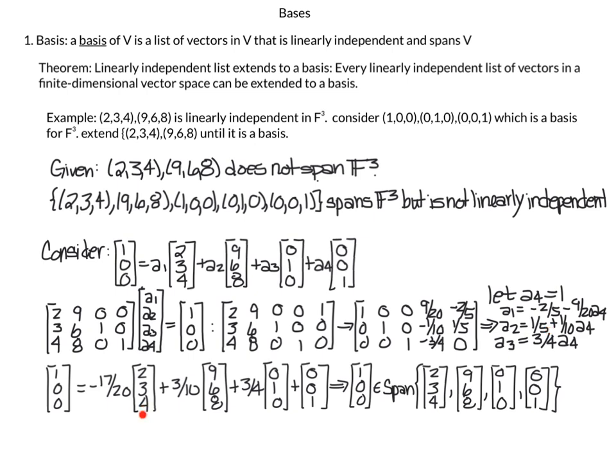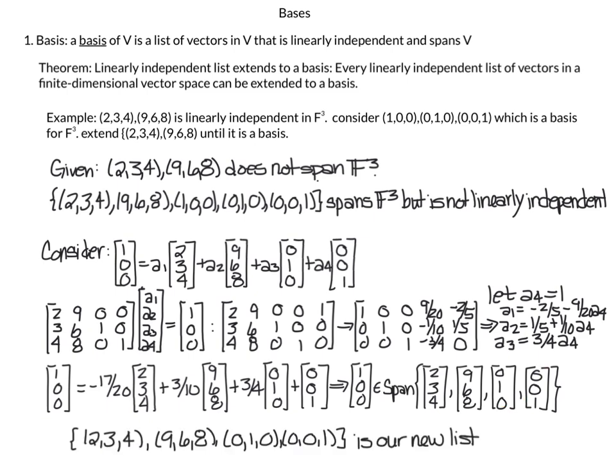And over here, A1 is equal to minus 2 fifths minus 9 twentieths A4, so I get minus 17 twentieths. You can do the multiplication and add, and you can see that it will give you 1, 0, 0. So therefore, 1, 0, 0 is in the span of 2, 3, 4, 9, 6, 8, 0, 1, 0, 0, 0, 1. So now we can throw it out.